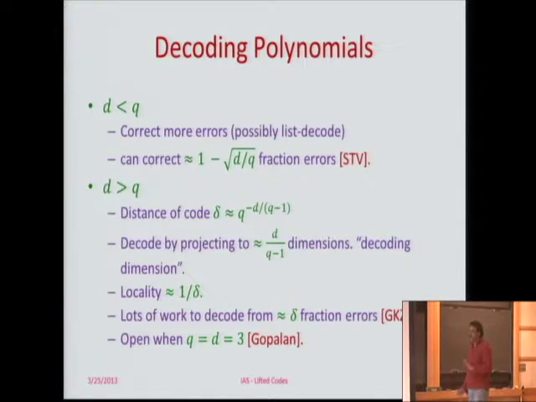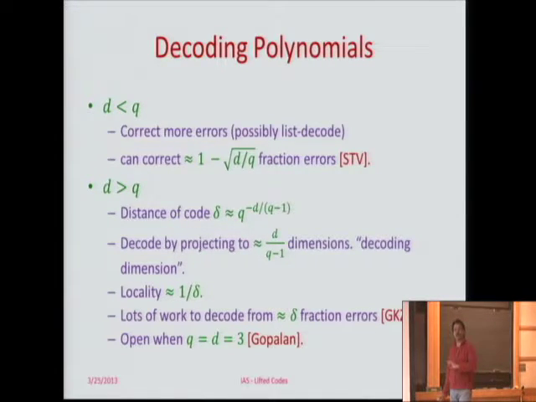It is fairly easy to correct delta over 2 fraction of errors. That is what you expect in the unique decoding sense. If you have a code of distance delta, you can correct delta over 2 fraction of errors uniquely, and that was probably folklore. But a very interesting series of works, Gopalan, Klivans, Zuckerman, and others, have been trying to push this beyond delta over 2 to somewhere arbitrarily close to delta itself.